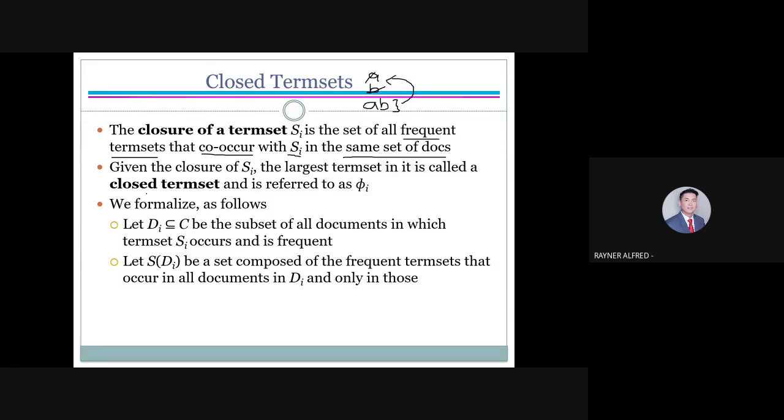Okay, so these are the definitions. Given the closure of this term set, which is this, the largest term set in it is called a closed term set. So this is the closed term set.